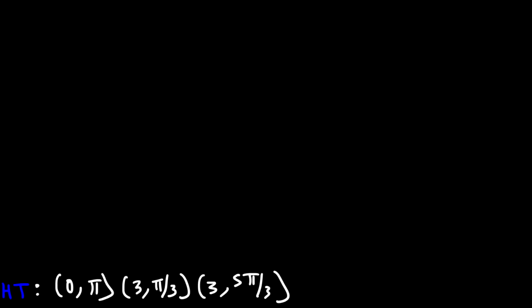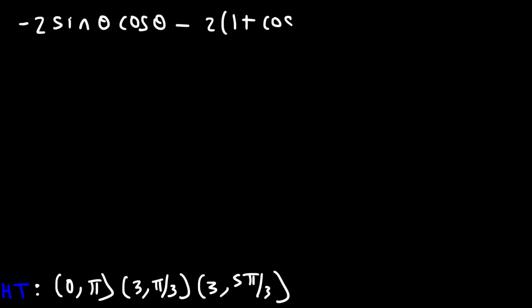Now let's focus on the bottom part of the equation for dy over dx. And so we had -2 sine theta cosine theta minus 2 times 1 plus cosine theta times sine. So that's equal to dx over d theta. And we're going to set that equal to 0 to find the locations of any vertical tangent lines.